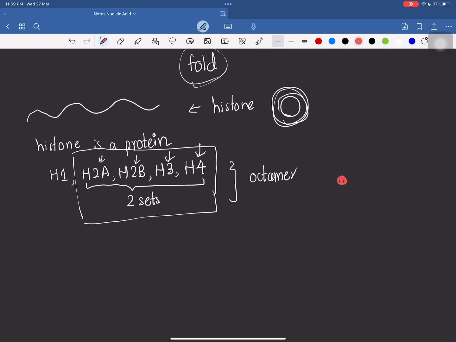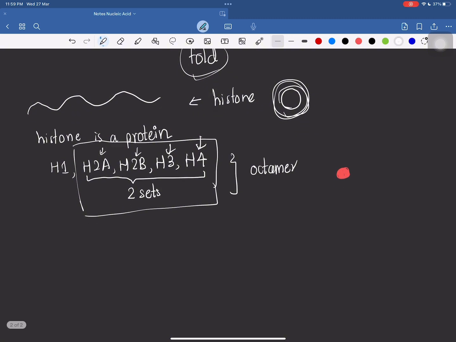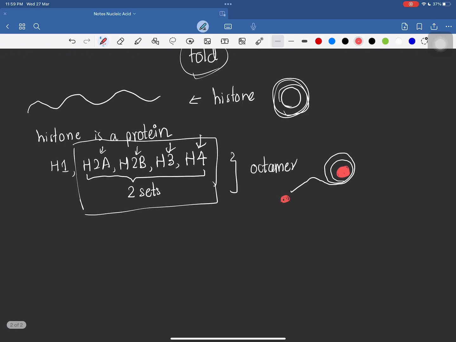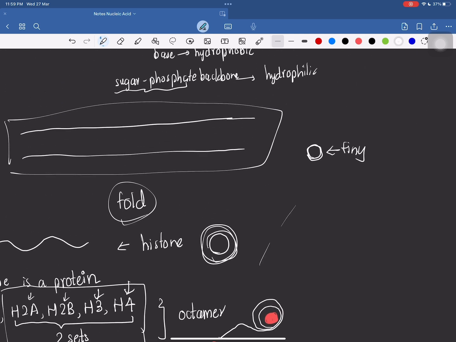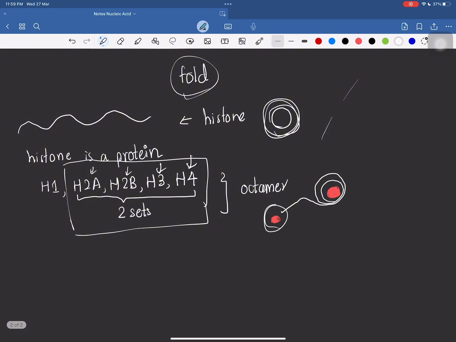So assuming this is the histone, these two sets of histone, and this is the DNA, so the DNA will be rotating around it, and another histone will be here, and it will be rotating around it, and another histone will be here, and the double-stranded DNA will be rotating around it.